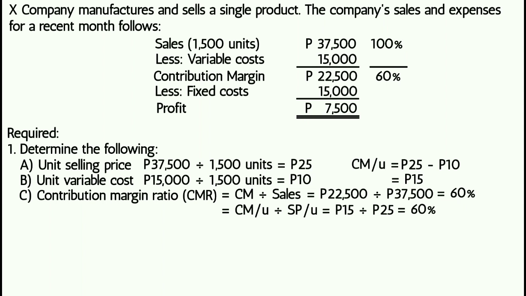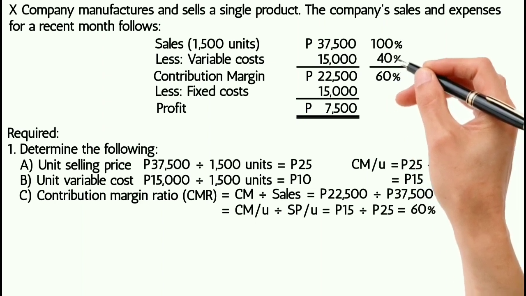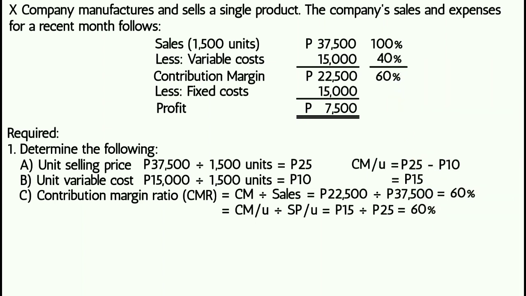So, 15,000 pesos divided by 37,500 pesos, that is equal to 40%. Sales ratio na 100% minus variable cost ratio na 40%, that is equal to the contribution margin ratio of 60%.